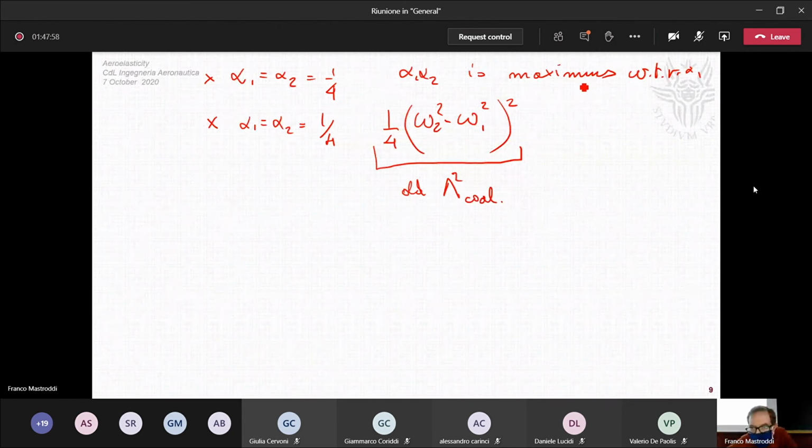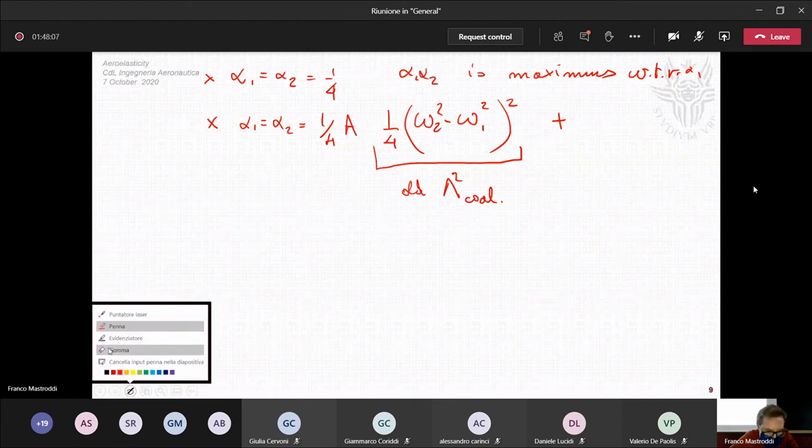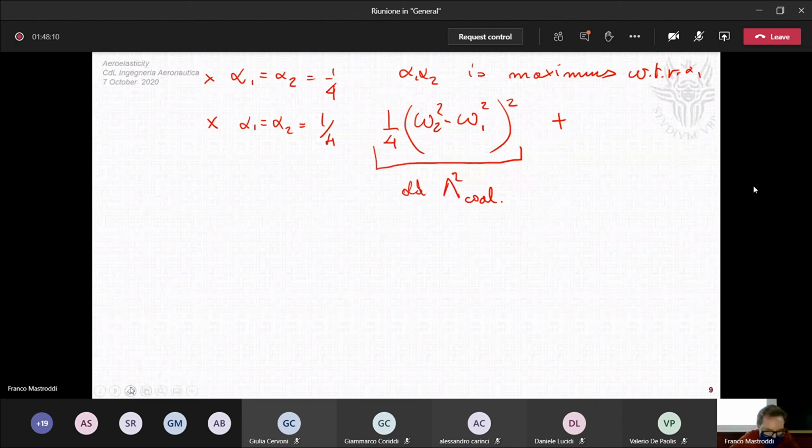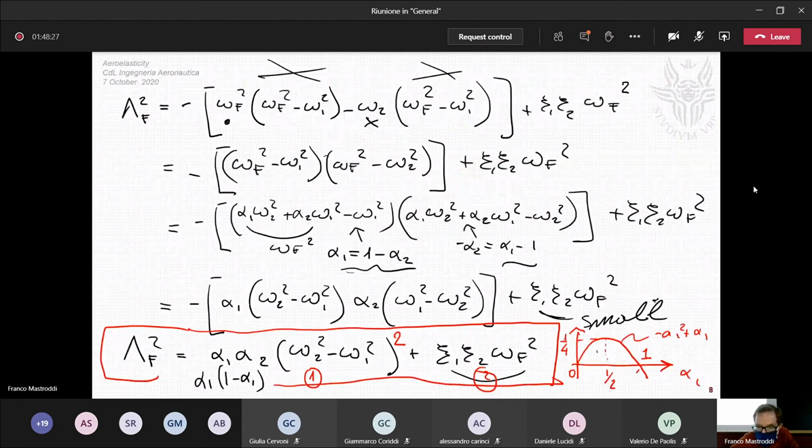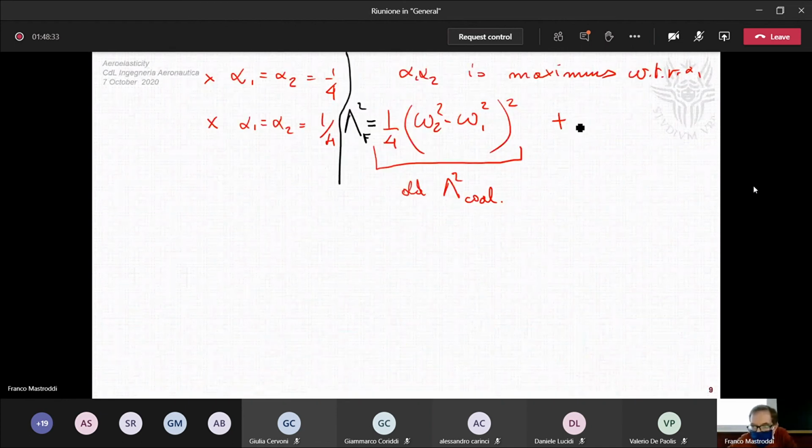But you have an additive term here for giving you lambda flutter. So lambda flutter is not coincident with lambda collations. Excuse me. You have this lambda flutter equal to this plus square plus this part, small part here, which is zeta 1, zeta 2 by omega flutter to the power 2. So what is happening?